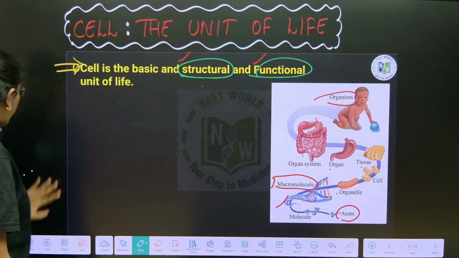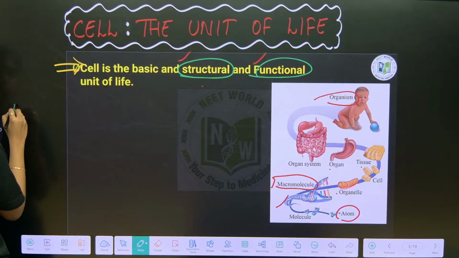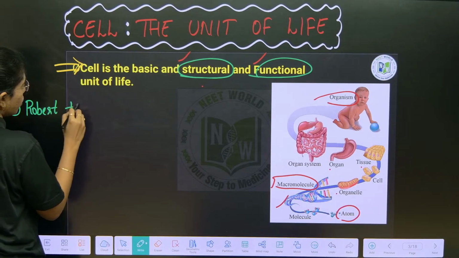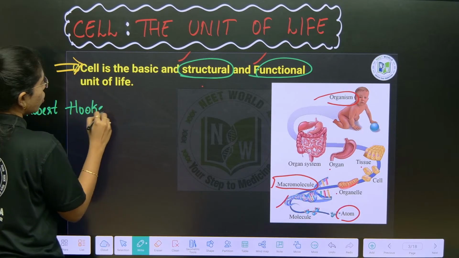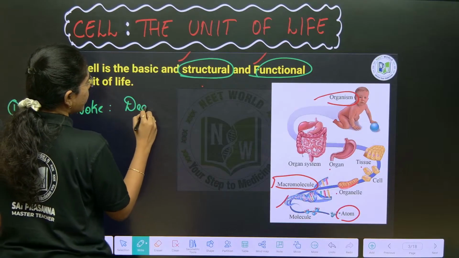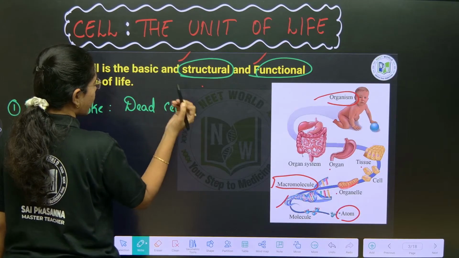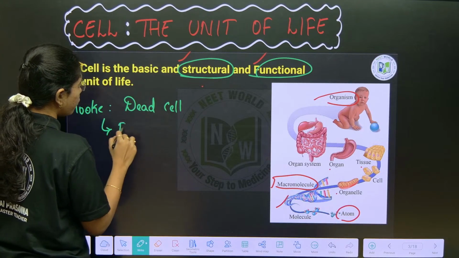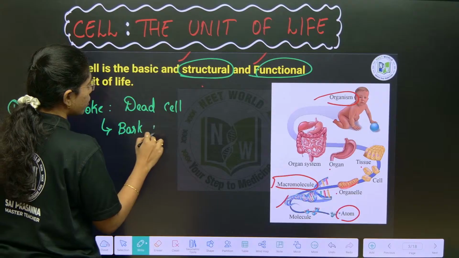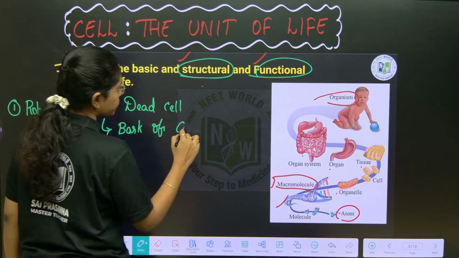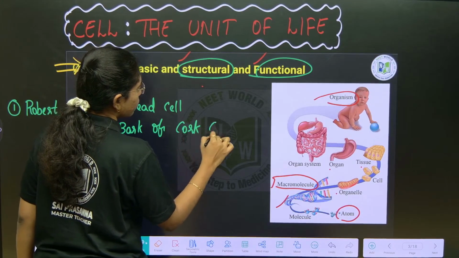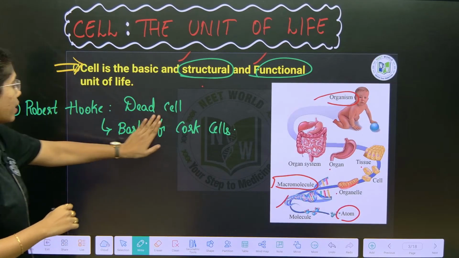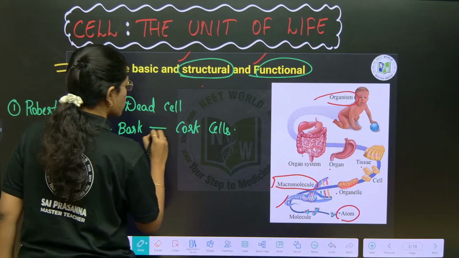Who identified the dead cell? First it is Robert Hooke. How did he identify dead cells? He identified them from the bark, the cork cells. Bark or cork cells, one and the same.